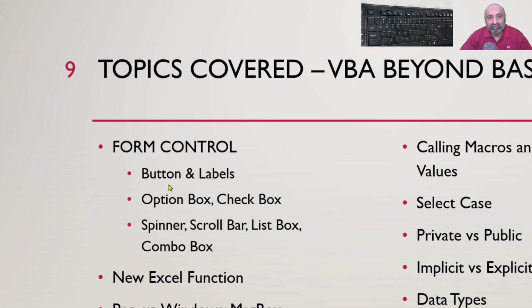We discussed how to use buttons, labels, option boxes, check boxes, spinner, scroll bar, list box, combo box, and how to create a new Excel function, how to use pop-up windows like message box and input box, how to call a macro from another macro, and how to pass values in between, how to use Select Case, what is public versus private declaration, implicit versus explicit declaration, what are data types, and how to use Do While loop. So this was covered in this series.